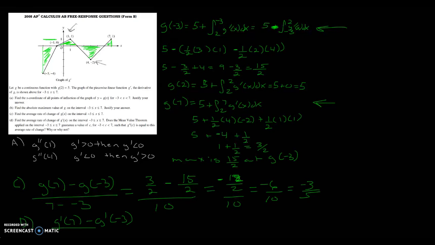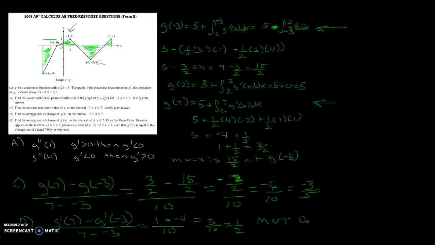We're just going to look at the y values. 7 minus -3 is going to be 10. G prime of 7 is 1 minus -4. So now we're going to get 5 over 10, which is 1/2.